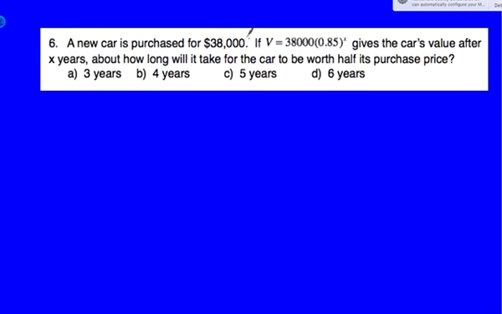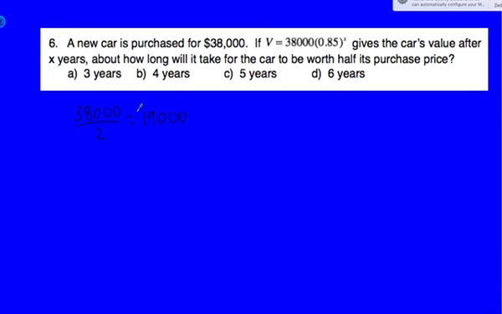So first of all, we want to know when the value of the car is going to be half of its purchase price. So if its purchase price was $38,000, we need to find half of $38,000. So half of 38,000 would be 19,000.